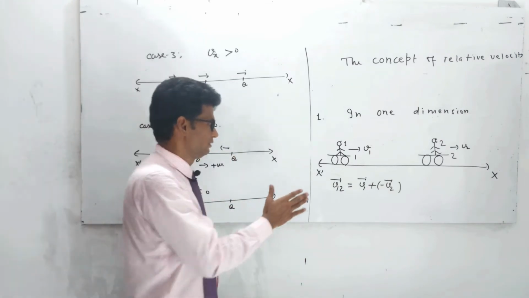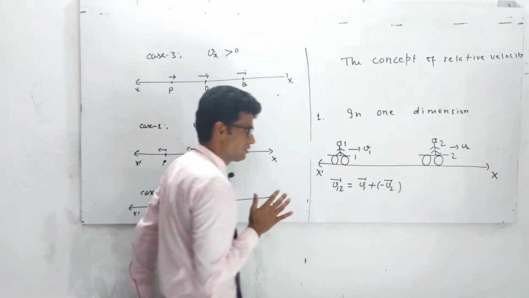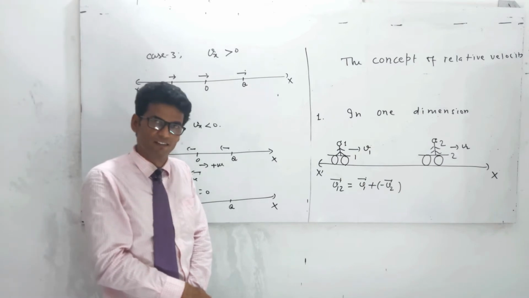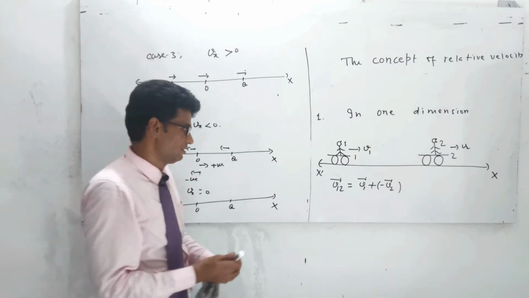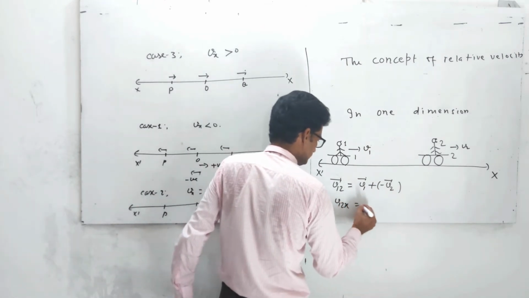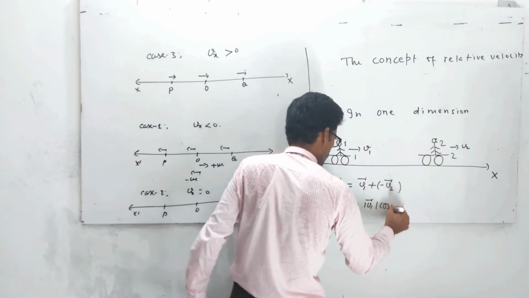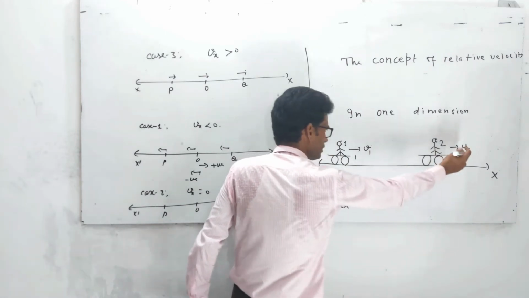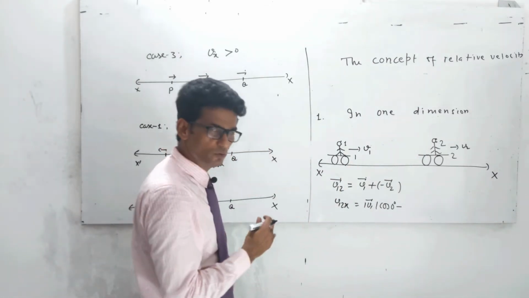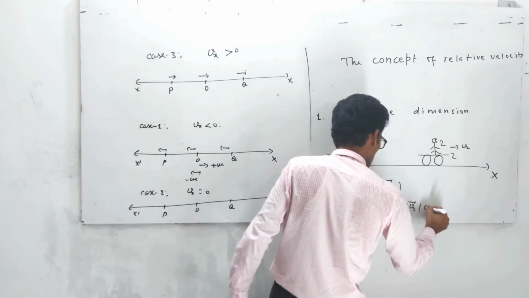But look here, trolley 1 and person 1 are moving in the positive direction of the x-axis, so the angle made by this velocity vector v1 is 0 degrees. So v12x comes out to be mod v1 cos 0 degrees minus, similarly for person 2 along with trolley 2, mod v2 cos 0 degrees.